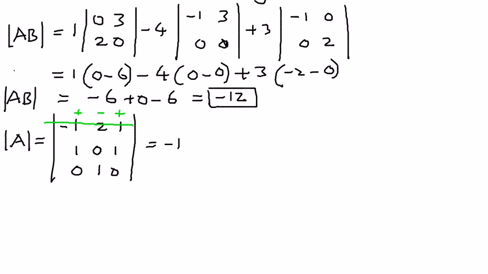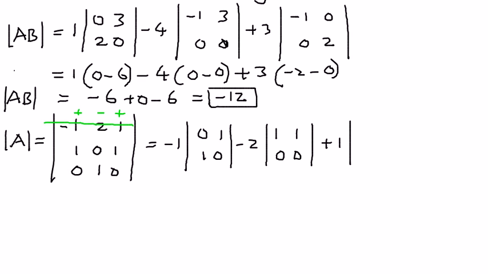So negative 1, the minor of that is going to be 0, 1, 1, 0. And then negative 2, the minor of that is going to be 1, 1, 0, 0. And then plus 1 times the minor of that is going to be 1, 0, 0, 1, like that.